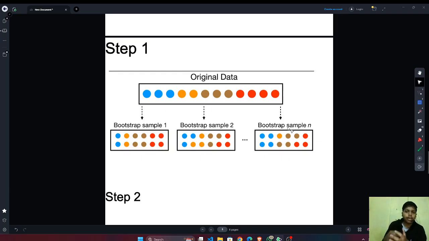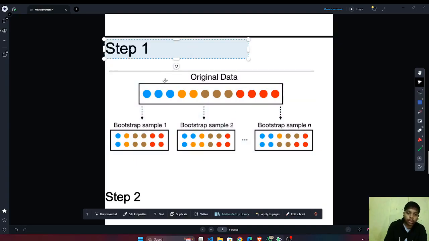We manipulate it in random order and make many different types of data sets. For example, in this data set we can see color. The color here is different from this one, but they all belong to the original data set. I mean, the colors of the original data set are similar to the bootstrap data set, but in a different order. The order is different in every bootstrap data set.